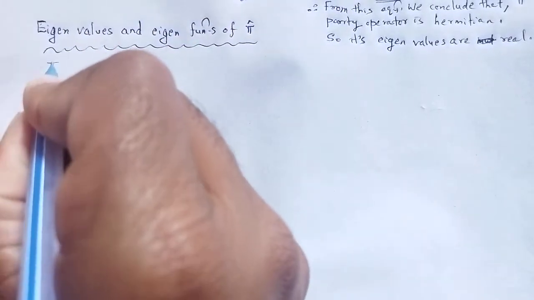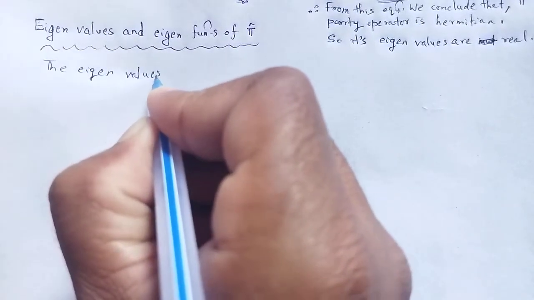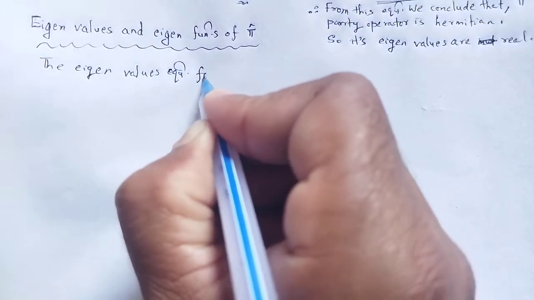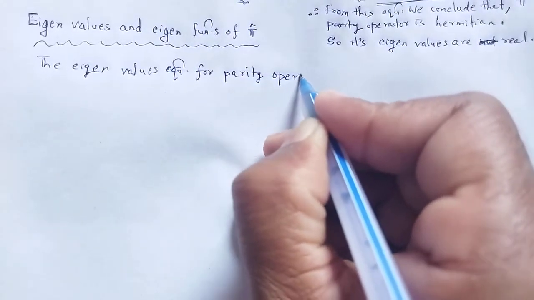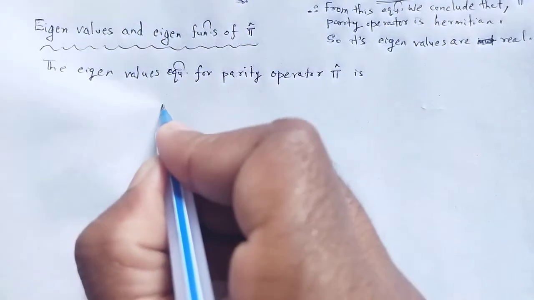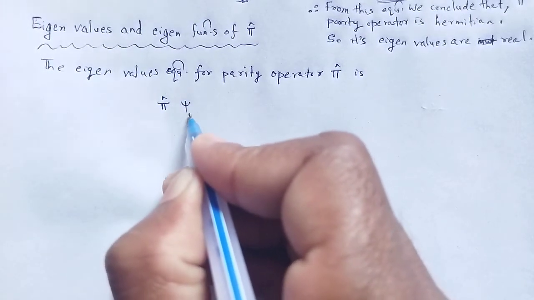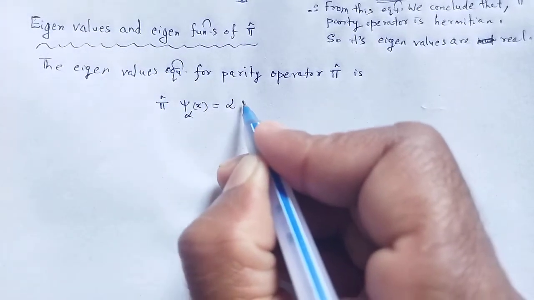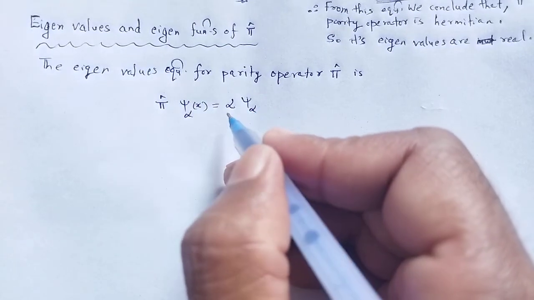Now the eigenvalue equation for the parity operator pi cap is: when the parity operator operates over a function, let psi alpha of x, it gives rise to alpha psi alpha x.